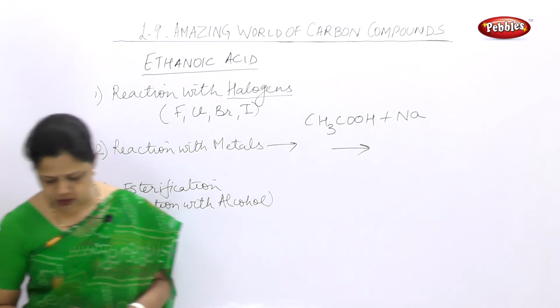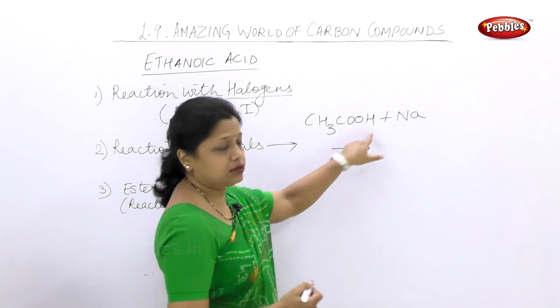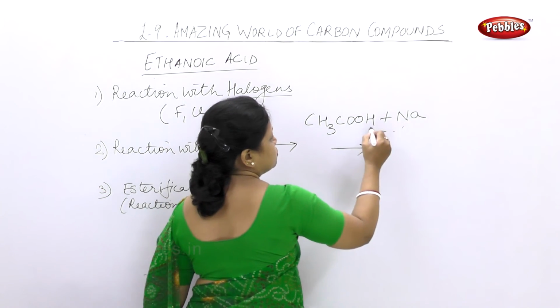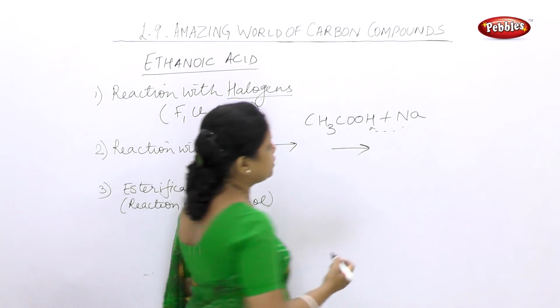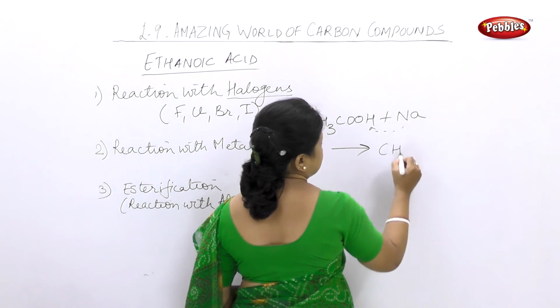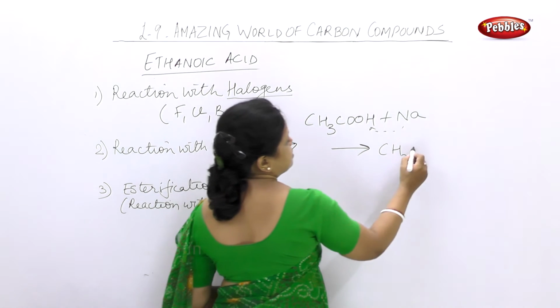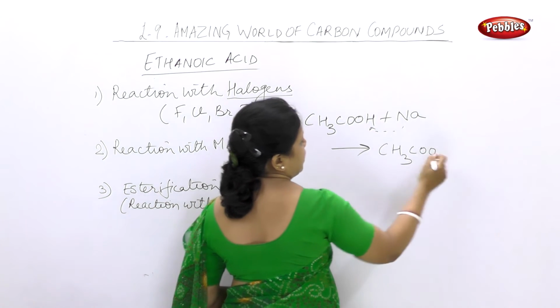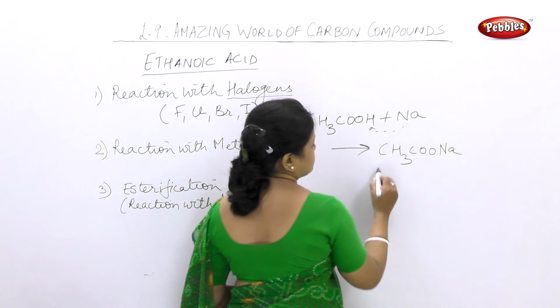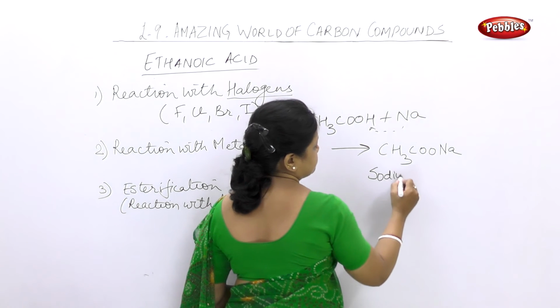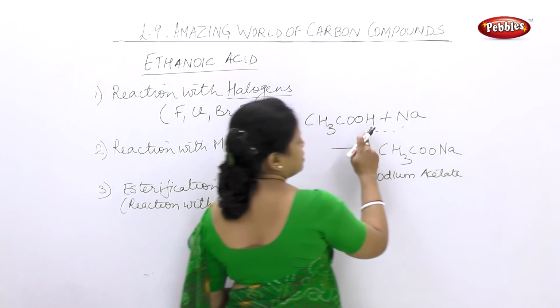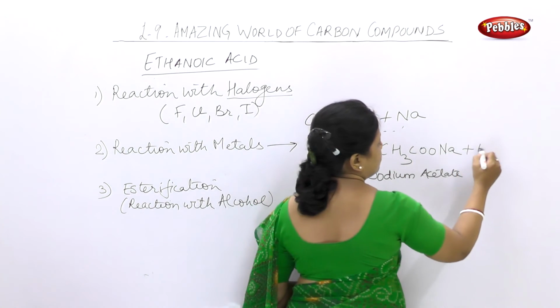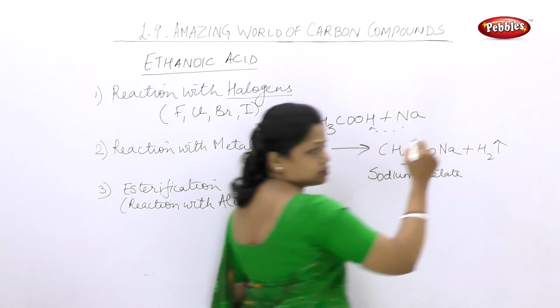Na will take the place of hydrogen. This Na is going to replace hydrogen and it is going to form sodium acetate. That means CH3COONa. It is called as sodium acetate. Now what is left here? Hydrogen. So it will form hydrogen which is evolved out.